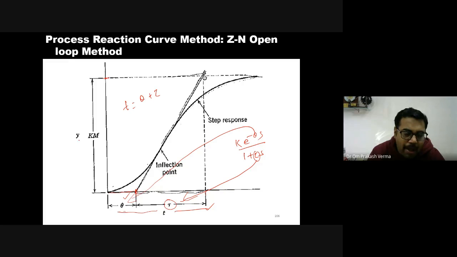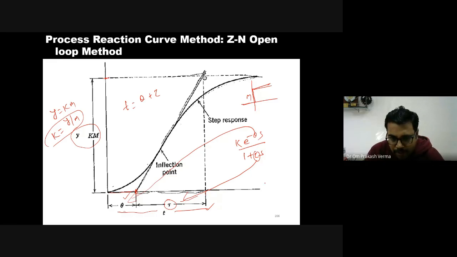And y is equal to KM, where M is the amplitude of the input you have applied. So you can find K by y divided by M. From these equations you can evaluate the values of K, theta, and tau.